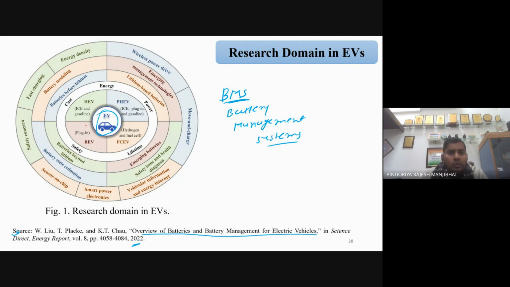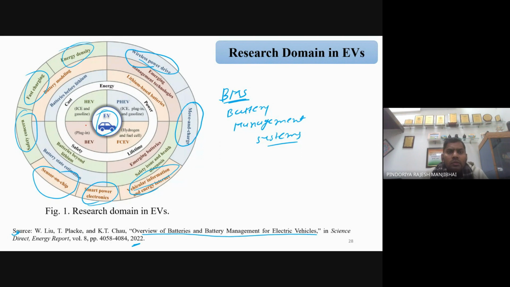You can see the wireless power drive. I think some students want to do research on wireless power drives. Then there are the charger, vehicle information and energy internet, smart power electronics, sensor on chip, safety concern, fast charging, and energy density. So these are the wide areas of research for the electric vehicle.